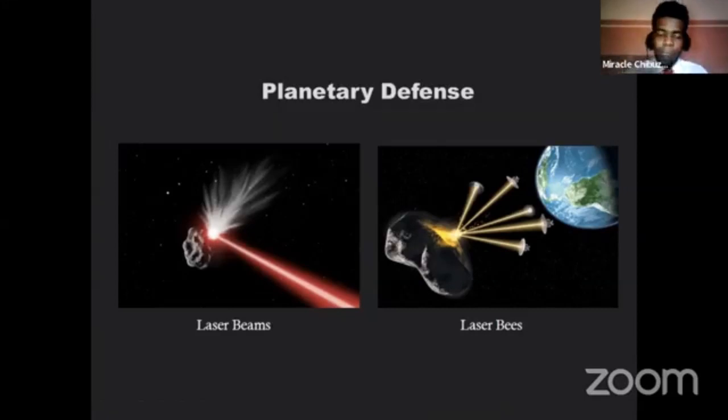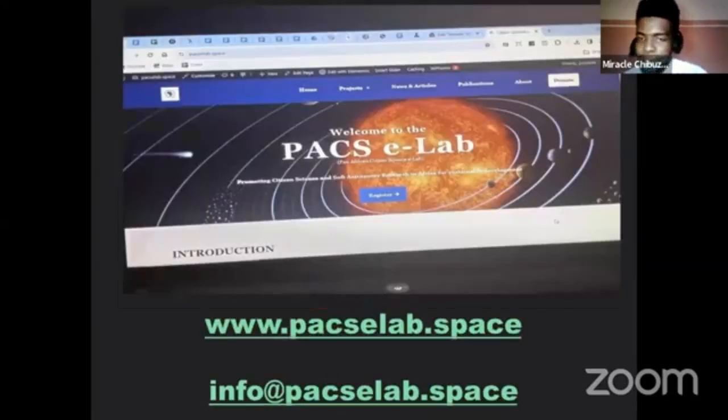So that is why we have the laser beams, which is when you have multiple spacecraft. They work the same way, but here we have multiple spaceships, which could be in orbit or sent to the asteroid directly. They focus on one spot, heat it up, the jets begin to come out, and the asteroid's path is changed.